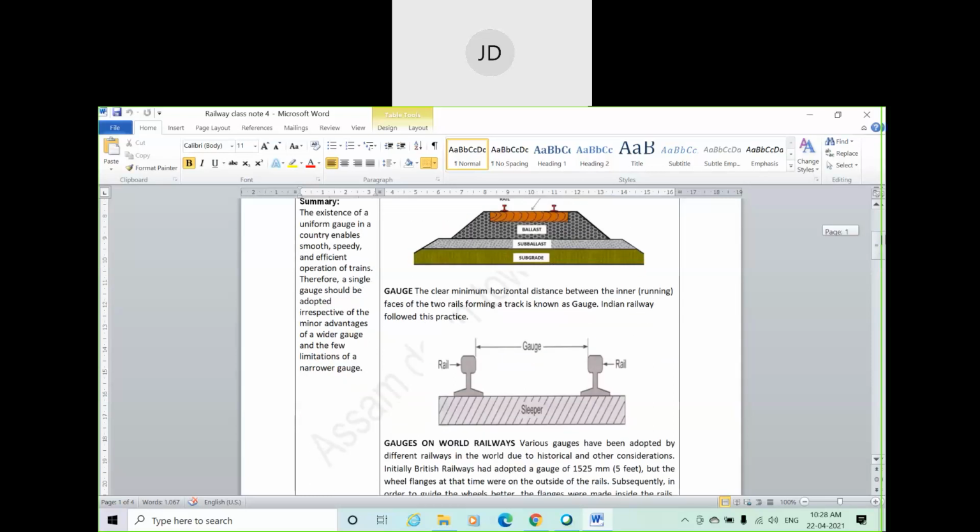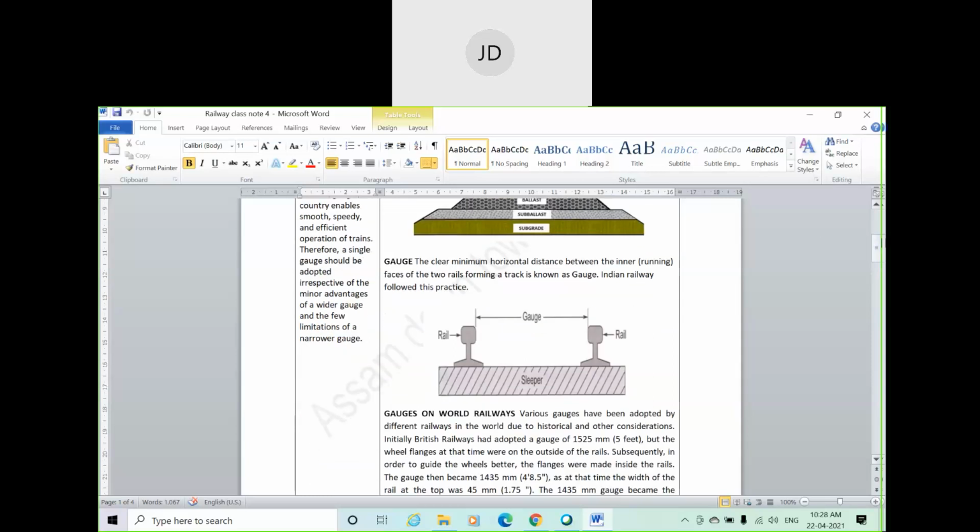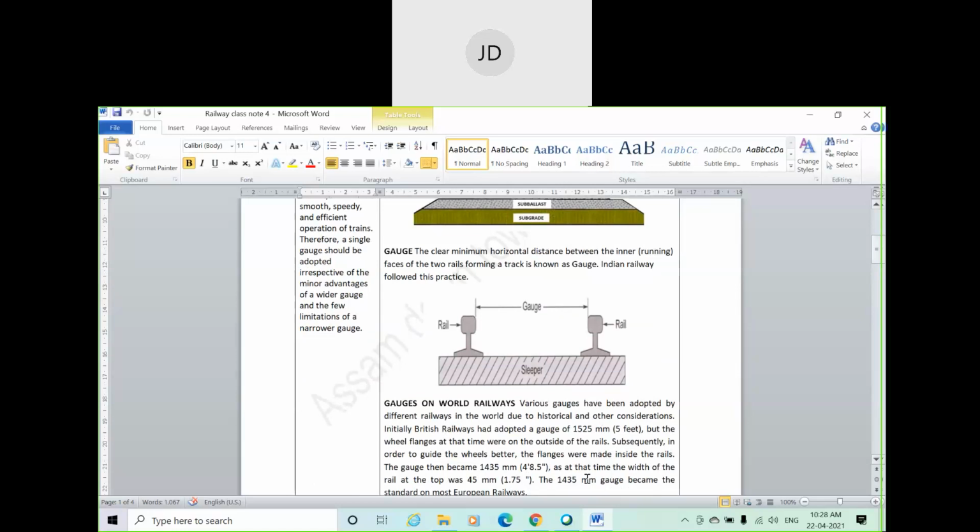Okay, so if I tell you about the history of gauge, in different countries various gauges have been adopted by different railways in the world due to historic and other considerations. Based on the origin of the country, different track gauges were used in different countries.